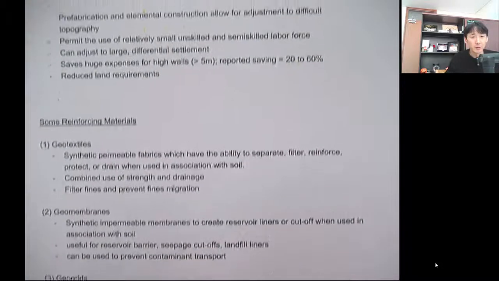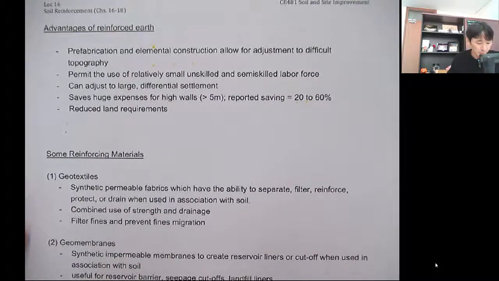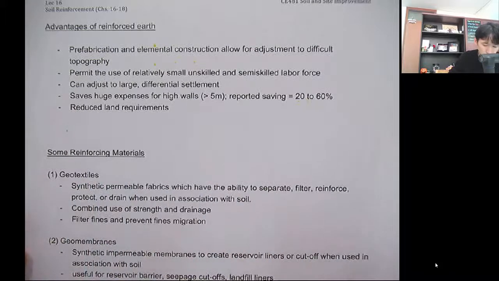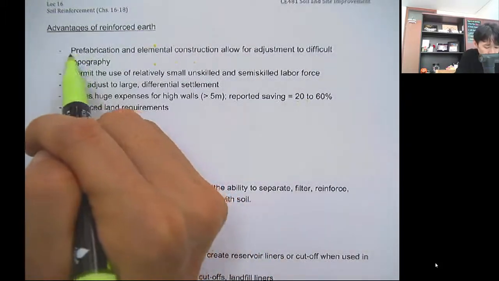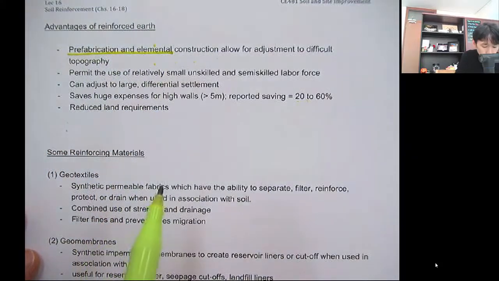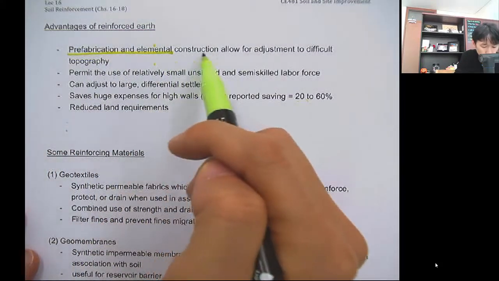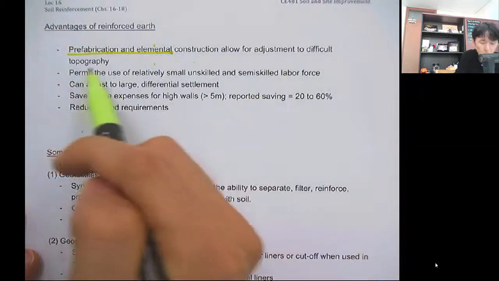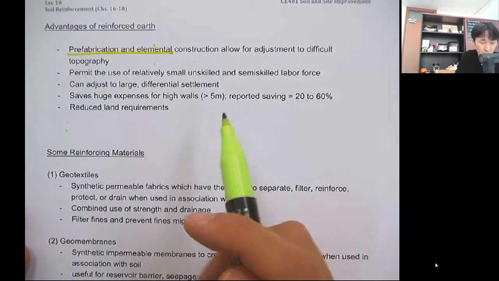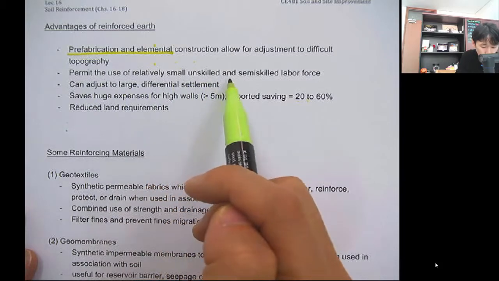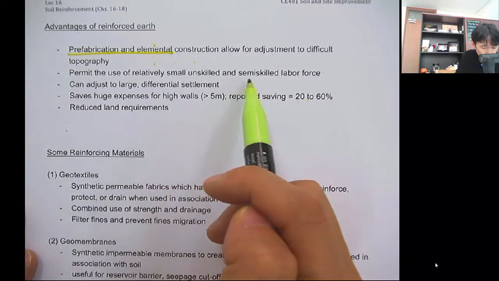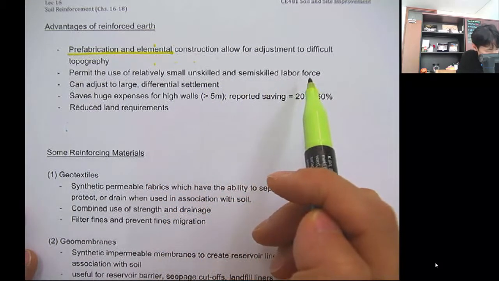Then what are the advantages of reinforced soil or reinforced earth? You can just implement the prefabricated elemental material. So this kind of construction allows for adjustment to difficult topography very easily, and permits the use of a relatively small, unskilled, and semi-skilled labor force.